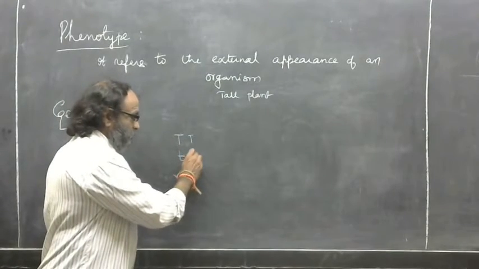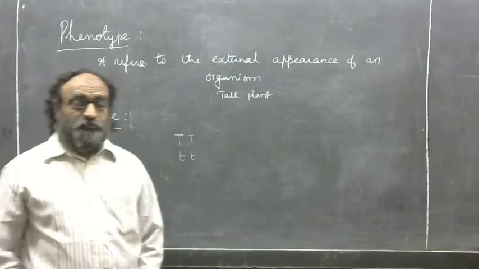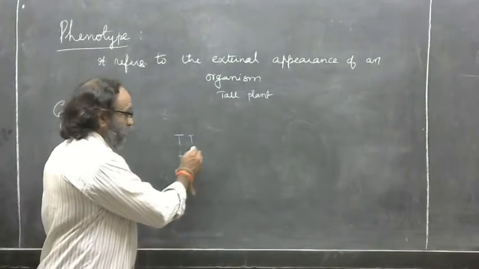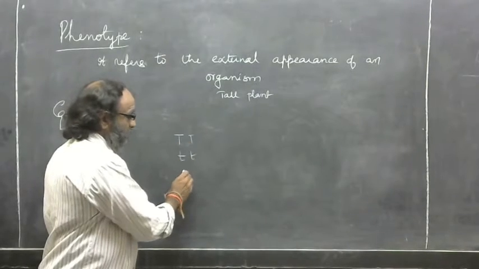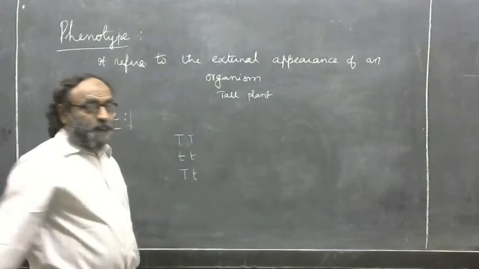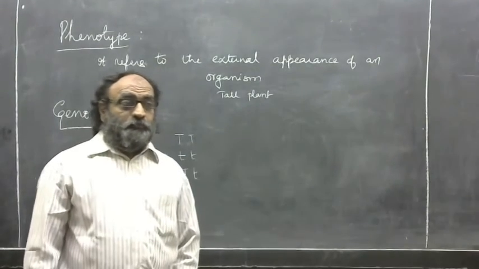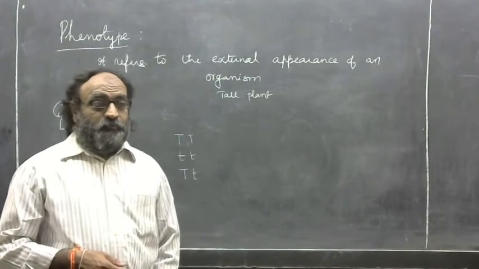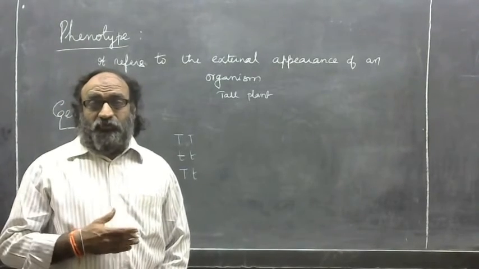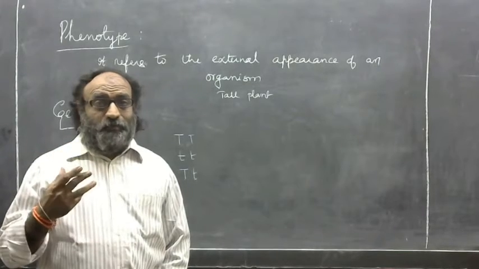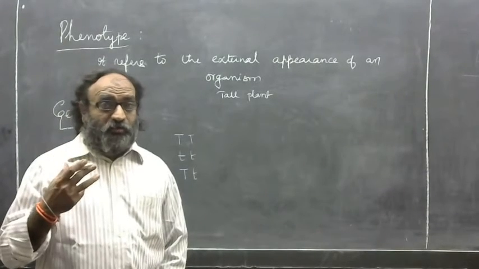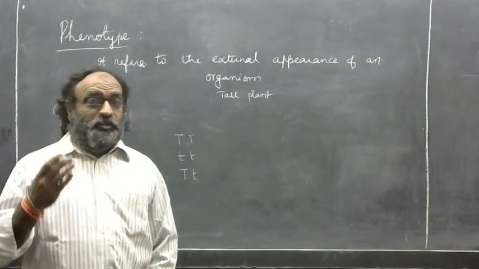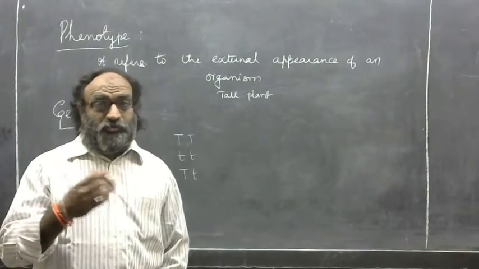Therefore, it is a small t, small t. If I say heterozygous tall, then you have to remember that it is a capital T, small t. Then what is a genotype? The genotype is the genetic makeup or the genetic constitution of an individual. The genetic makeup of an individual is its genotype.